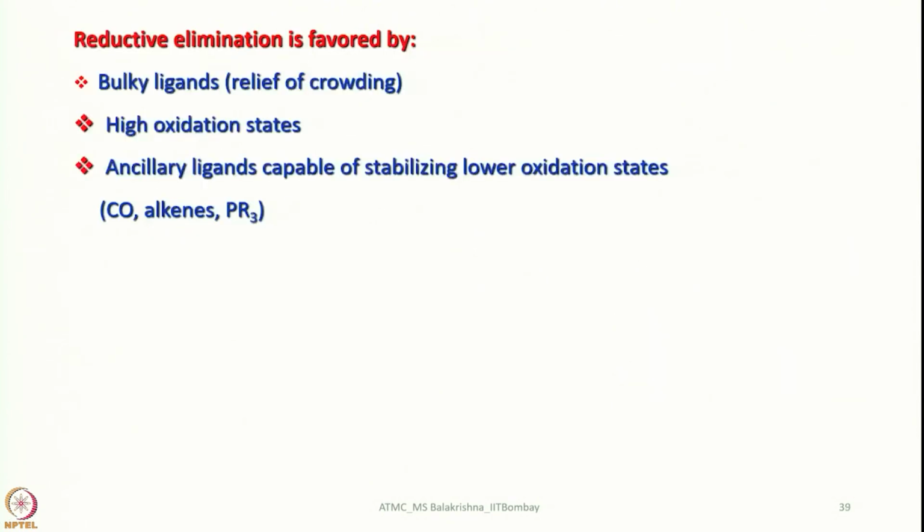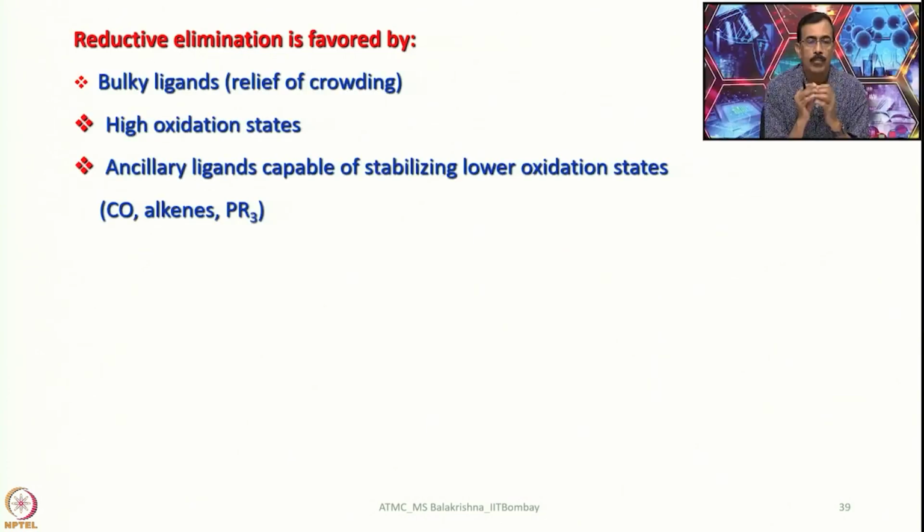Under what circumstances one can perform reductive elimination very easily can be seen here. If you have bulky ligands, due to the steric crowding, reductive elimination will be very facile, and of course if the metal is in a higher oxidation state it will try to get reduced. As a result again reductive elimination will be very facile.